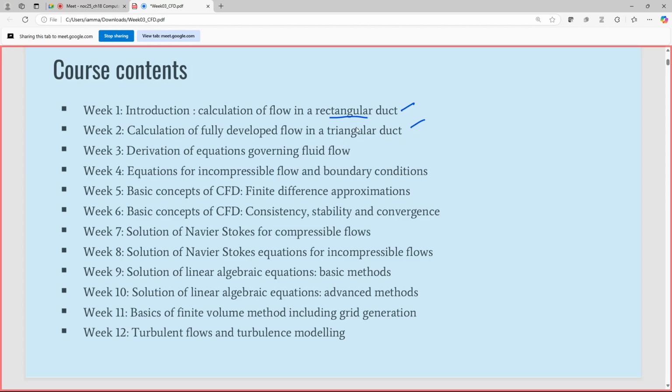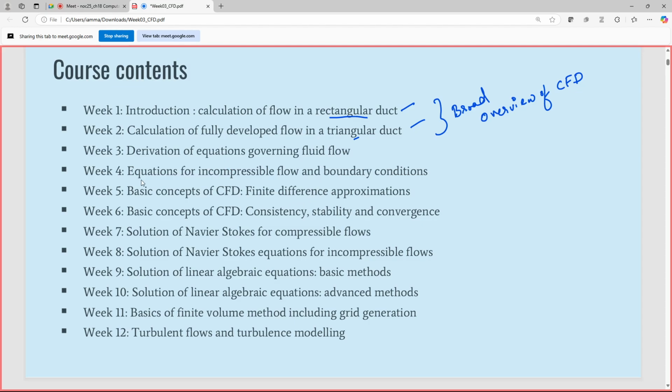Even with a slight change of geometry, from rectangular to triangular, the system can become complex. So the first two weeks give a broad overview of CFD.